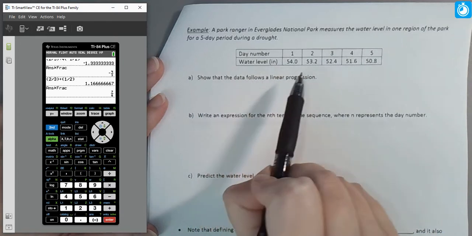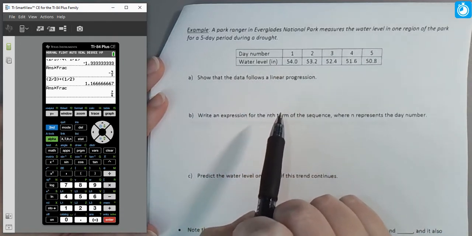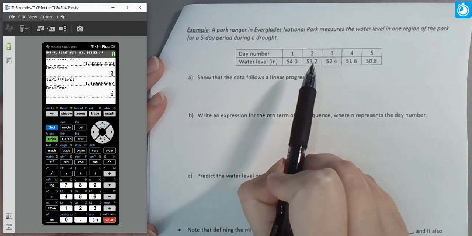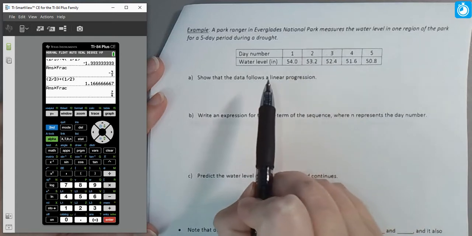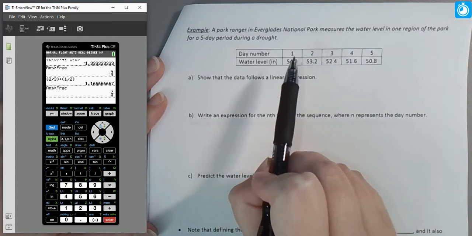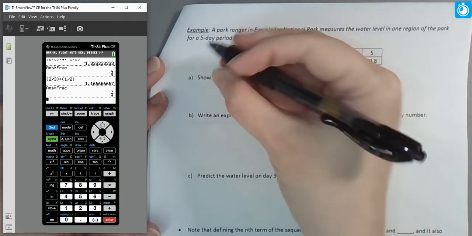So the first thing we want to do, we want to show that this data follows a linear progression. What does that mean? Well, essentially we want to know what's the difference between each of these values, and if this is a linear progression, then we'll find that the difference between each value is a constant number.